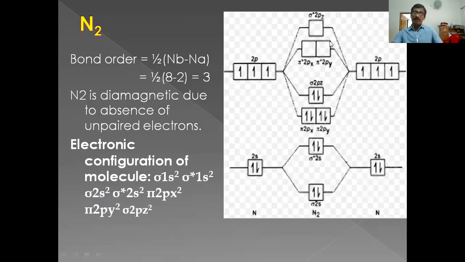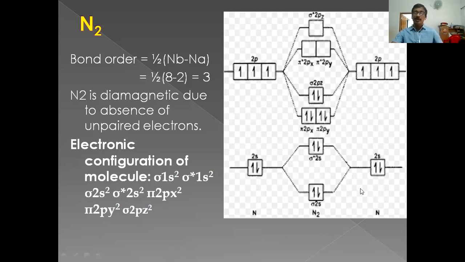Now we can see the case of N2. Again, the increasing order of molecular orbitals is in the same order: sigma 2s, sigma star 2s, pi 2px, pi 2py, sigma 2pz, pi star 2px, pi star 2py, sigma star 2pz. And the valence shell of nitrogen, how many electrons? 2s2, 2p3, 5 electrons. From the 2 nitrogen atoms total, 10 electrons.